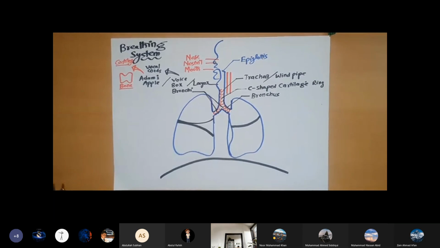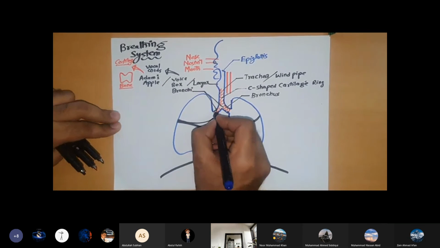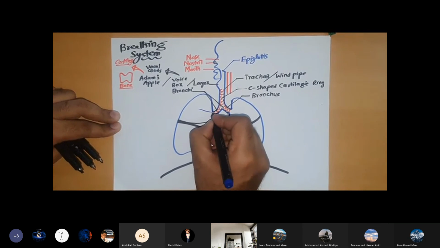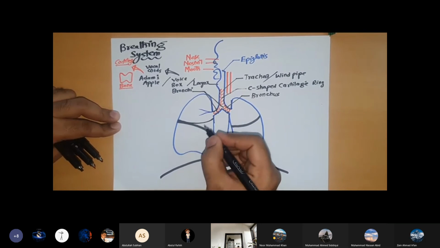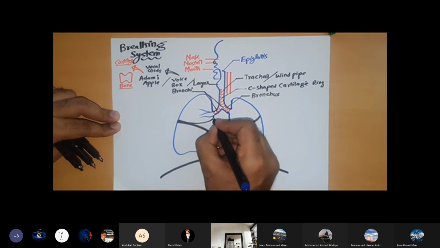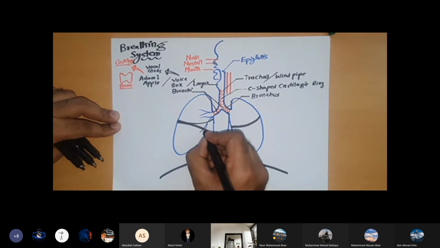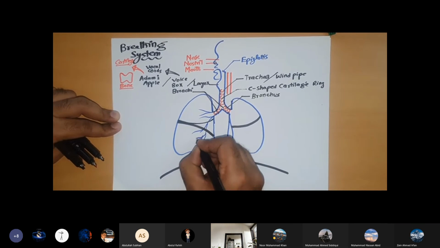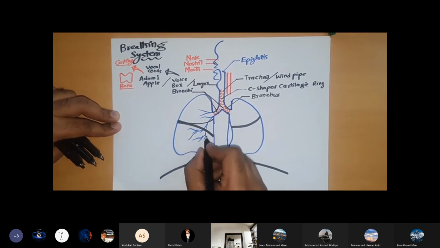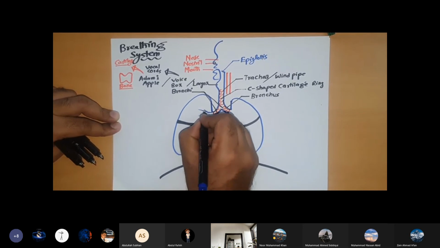Then each bronchus enters inside the lungs and further divides into smaller tubes. Now we have two lungs, the right lung and the left lung.